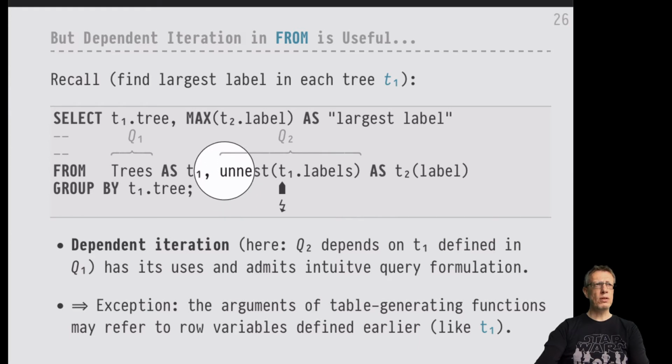It would be syntactically valid to place a lateral keyword just here where I'm highlighting the slide right now, to explicitly indicate information is passed from left to right sideways. The row variable scope of T1 is actually extended sideways, and T1 is used here on the right of the comma.